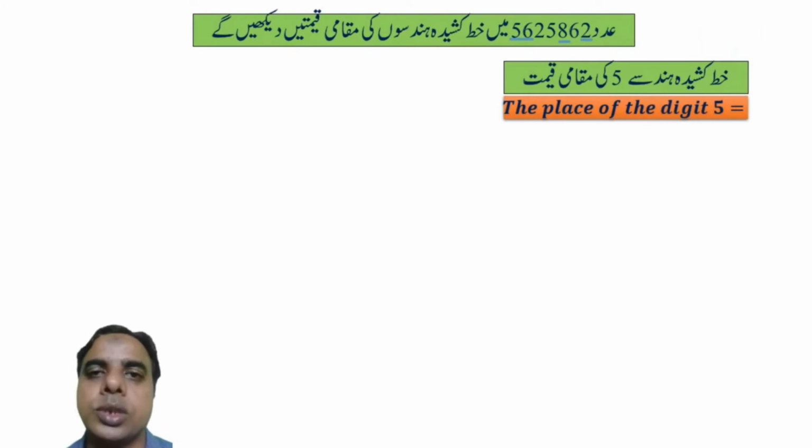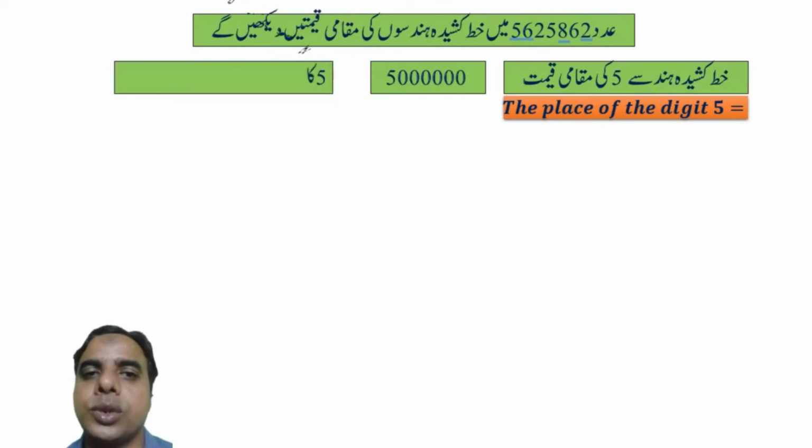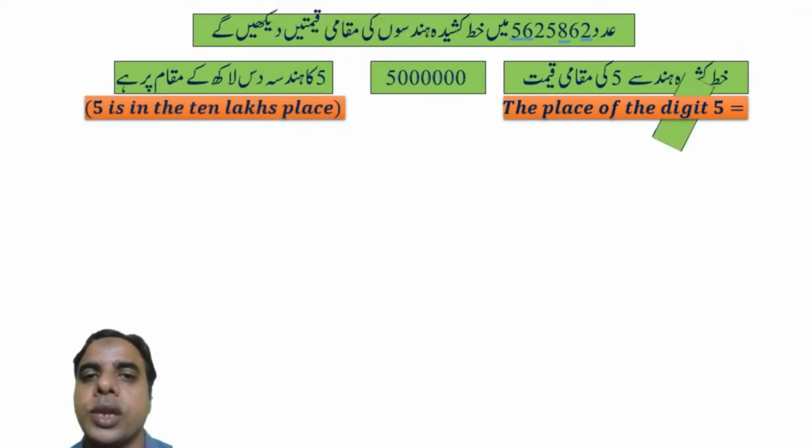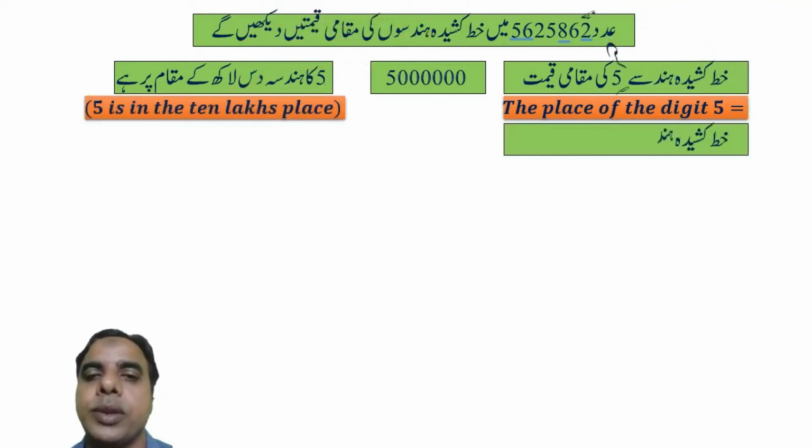So in the thousands place, and the fourth one, there is 30,000. So 3 is in the 10,000 place. Okay, thereafter the fifth position, 3 in the lakh place.